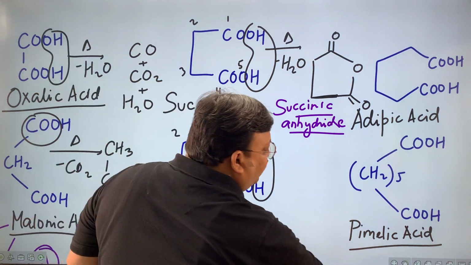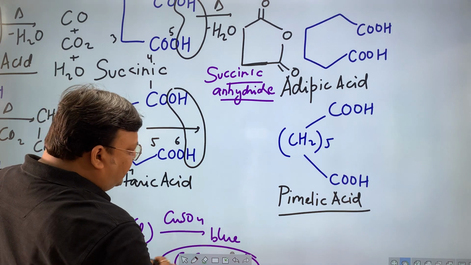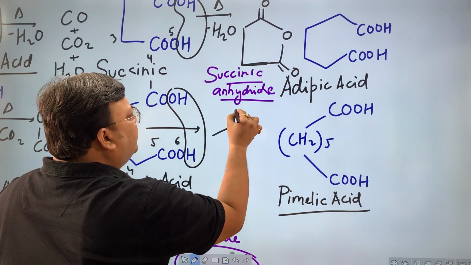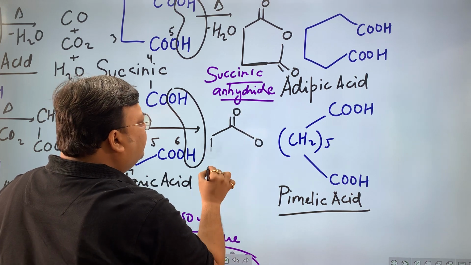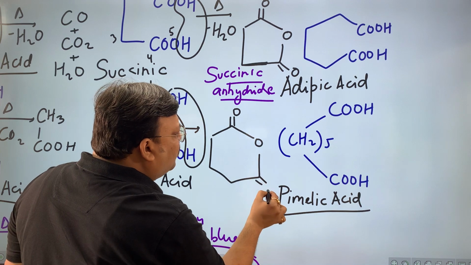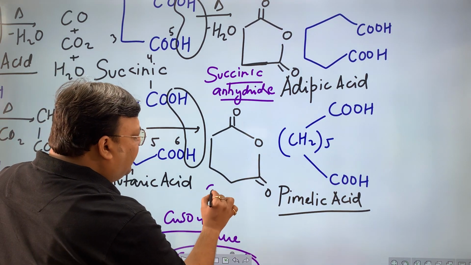It will form a 6-membered anhydride. I told you the identity of anhydride is oxygen between 2 carbonyls. Glutaric acid से आता है, you will want to call it glutaric anhydride.